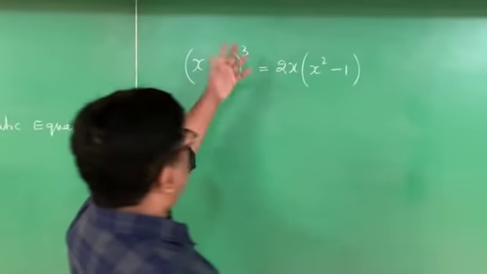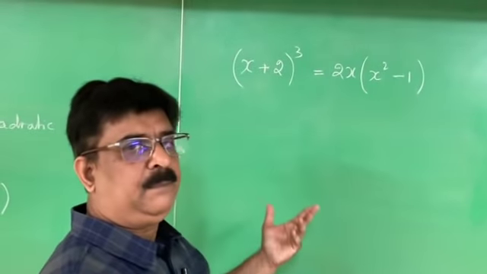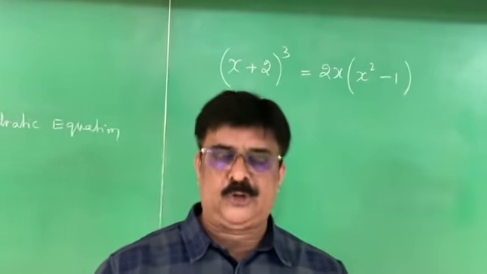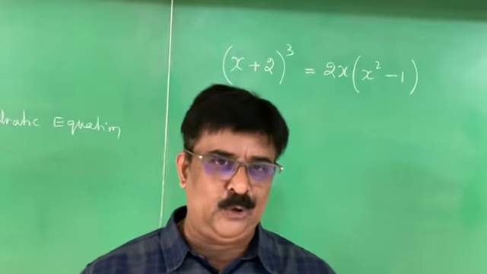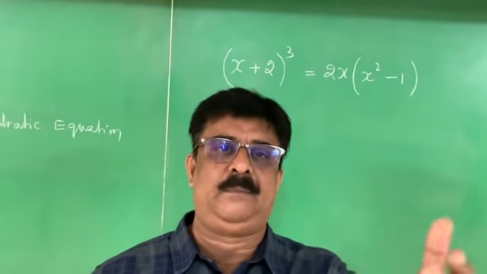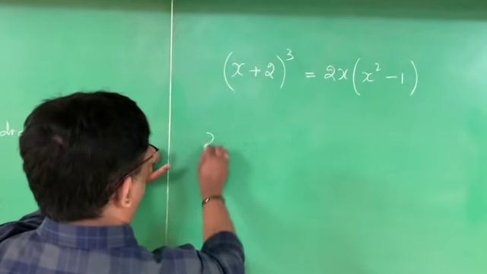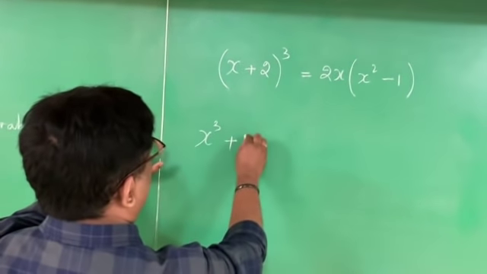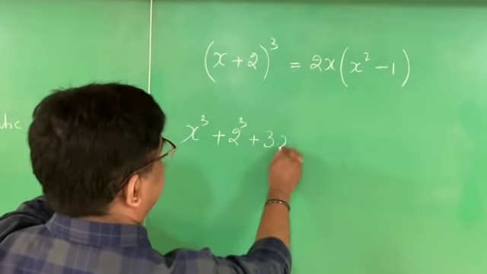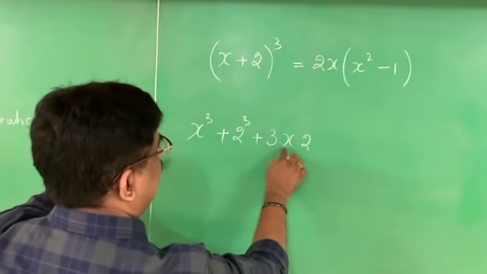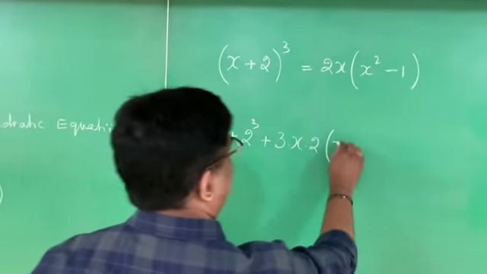(x plus 2) whole cube. This is in the form of (a plus b) whole cube. You know what is (a plus b) whole cube? I have solved many problems based on (a plus b) whole cube. (a plus b) whole cube is a cube plus b cube plus 3ab into (a plus b). So a cube is x cube, b cube is 2 cube, plus 3ab, 3 into x into 2, into (a plus b), that is x plus 2.